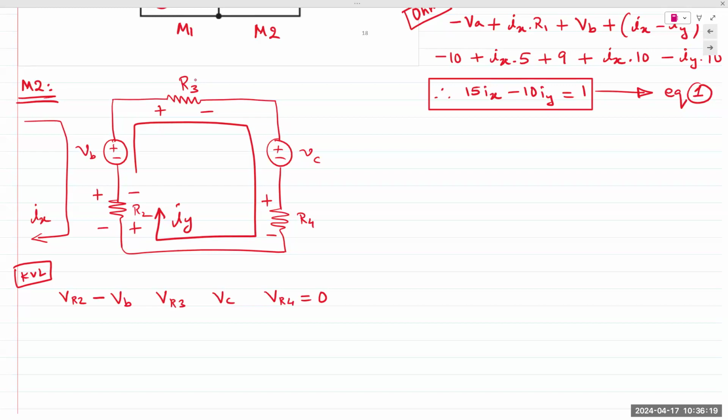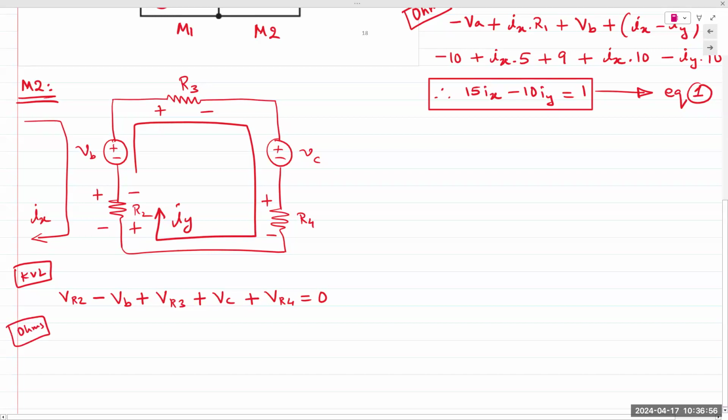Okay, VB would be negative plus VR3 plus VC and plus VR4. You apply your technique and see if it matches up with the equation I have. Do you all have the same equation? Okay. Then apply Ohm's law.